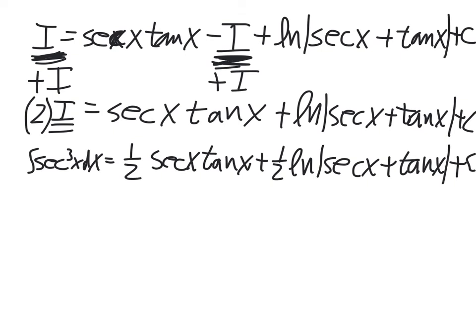Now, at this point, since we've already gone through the integration by parts, and now we're dealing with trig substitution, rather than going back and proving this formula, let's just go ahead and use this formula here for problem 17.